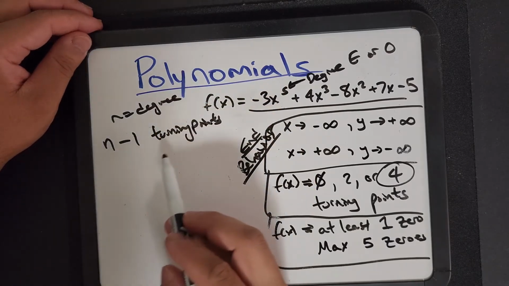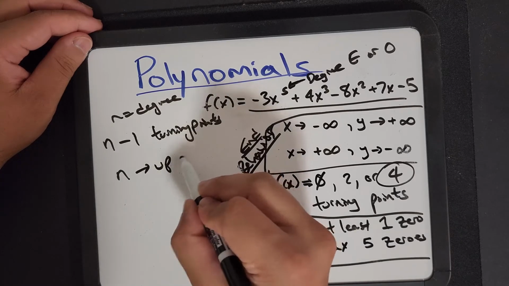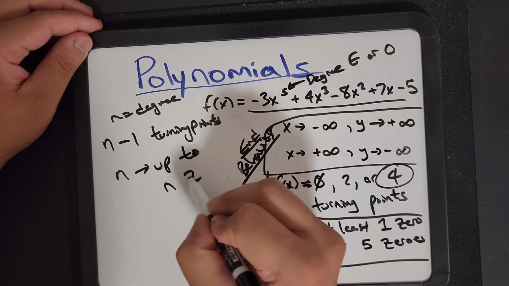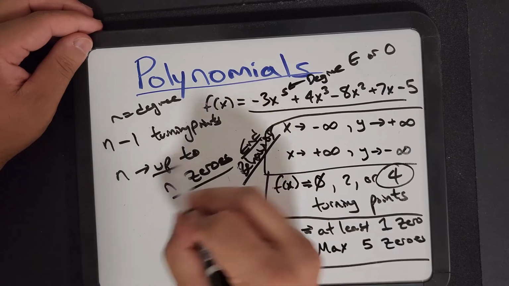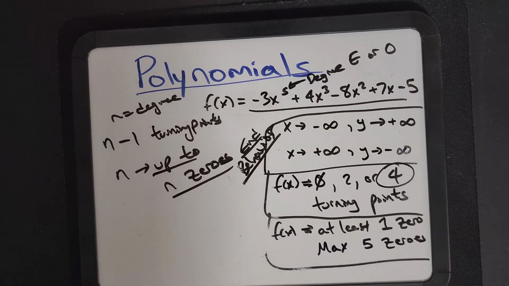If n is the degree, n minus 1 turning points, up to n zeros. These are the main takeaways from that example. I just wanted to introduce that example.